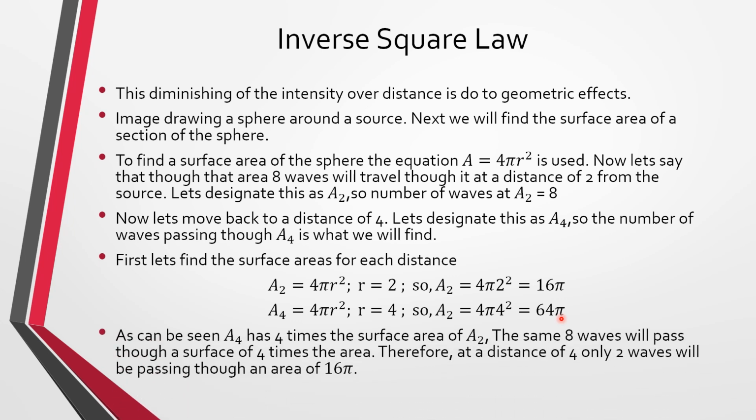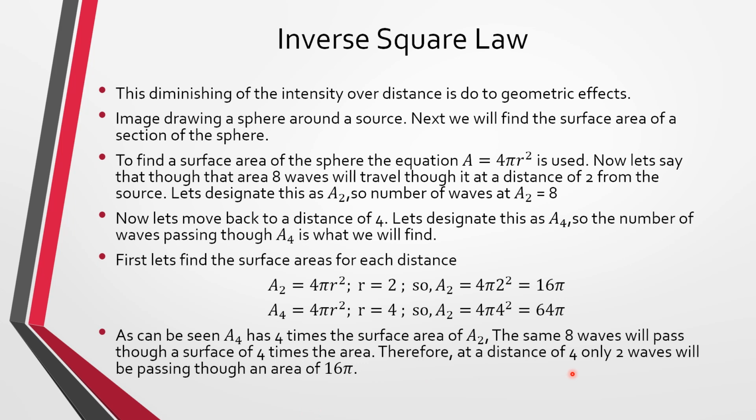The same 8 waves still pass through a surface area 4 times the area of the original at a distance of 2 meters away. Now we're 4 meters away. Therefore, at a distance of 4, only 2 waves will be passing through the original amount of area.